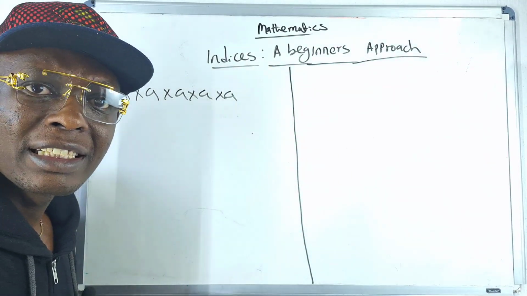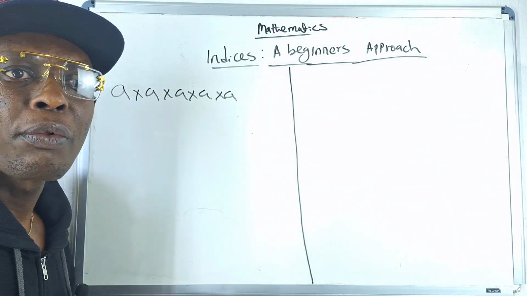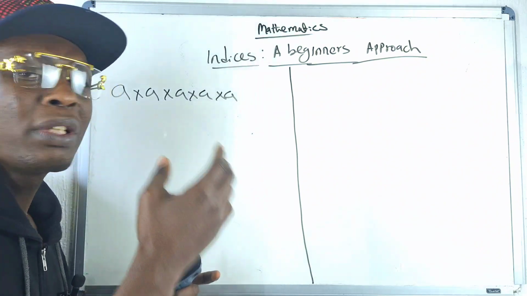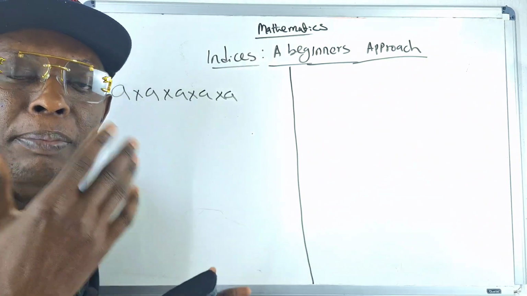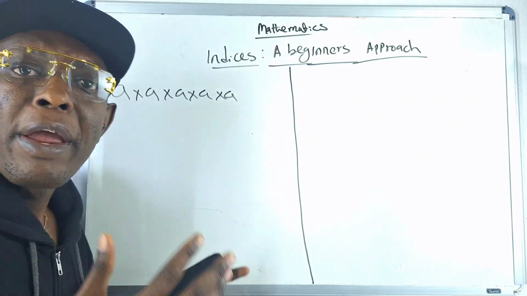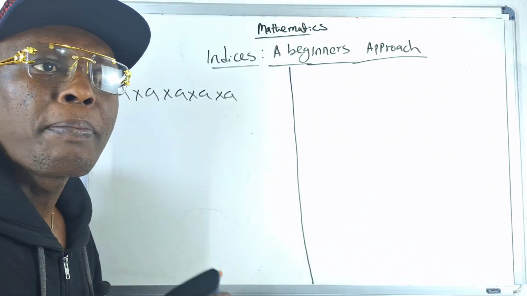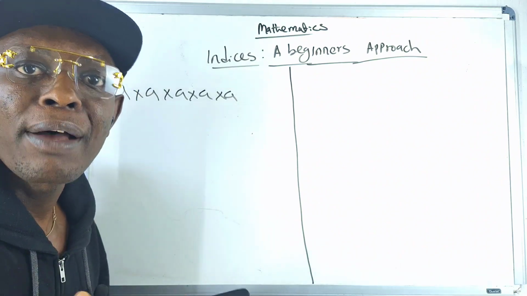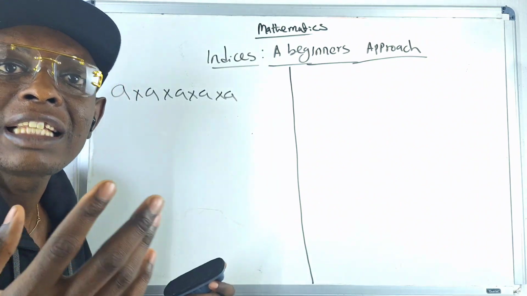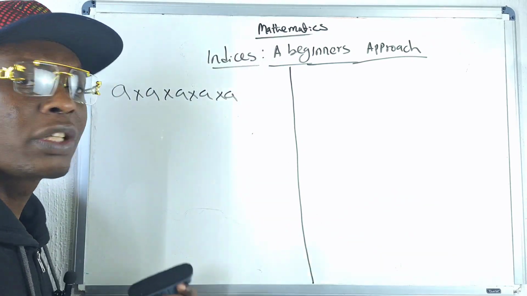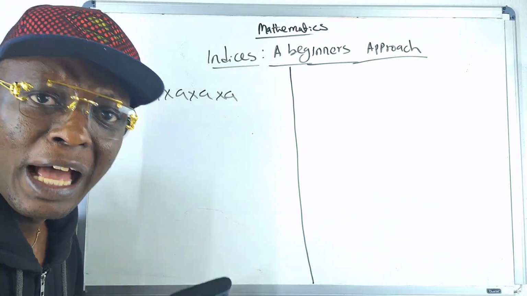So indices is simply a way or pattern of expressing repeated multiplication or division in a better format, so it can be easily understood and well presented. That's what indices is all about.